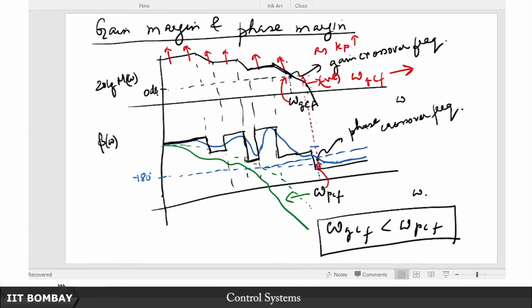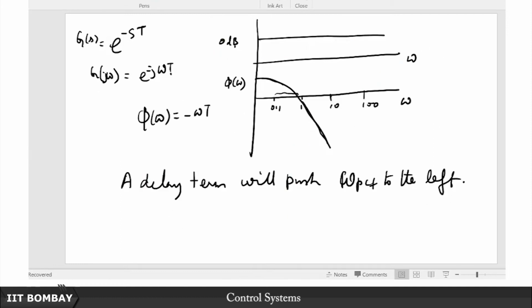What is that? Let me define it here, I have not probably defined it. It is how far you are away from 180 degrees. So your phase margin is defined as, where phi of omega is your phase, 180 degrees plus phi.